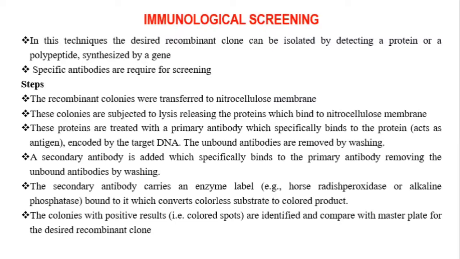These antibodies will be highly specific to proteins produced by the gene, that means monoclonal antibodies specific to the proteins produced by our desired gene. Now we can see the steps involved in immunological screening.